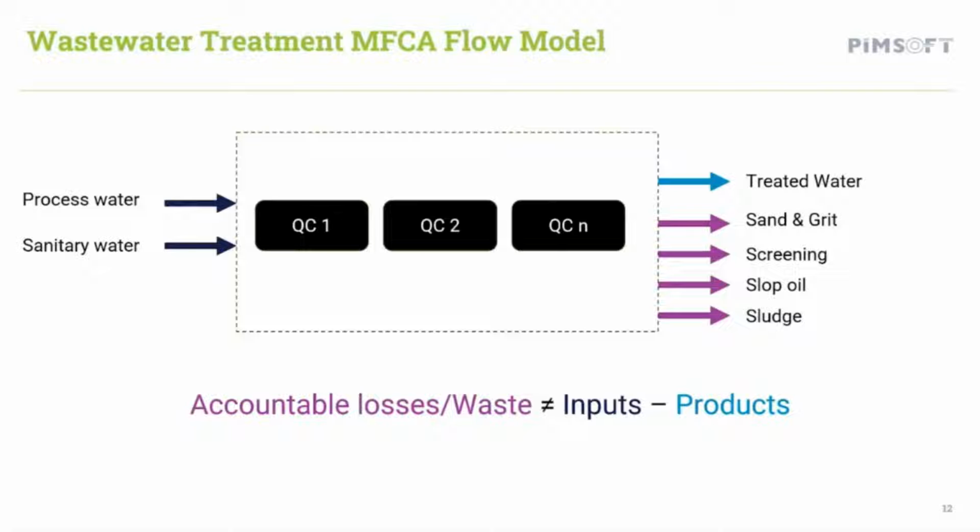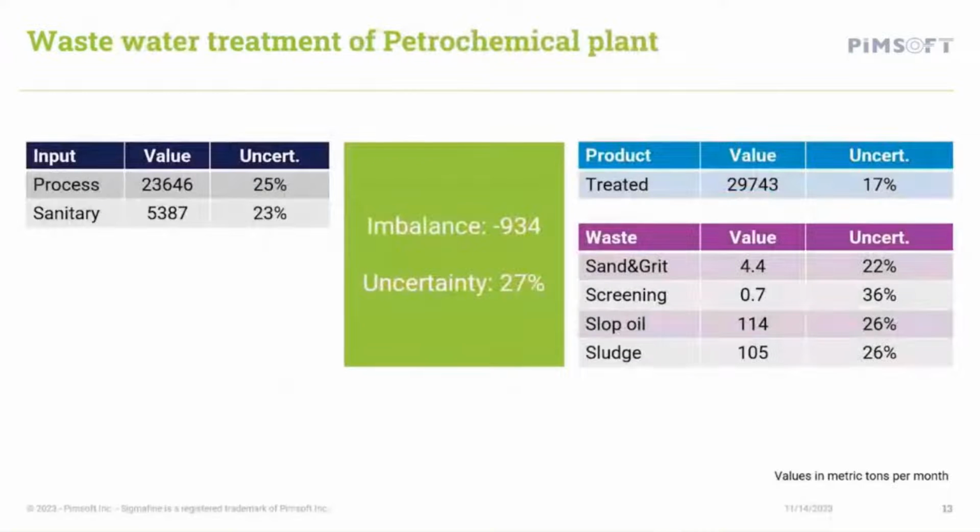Due to data inaccuracy, the material balance is typically not closed. Indeed, if we look at the balance around the full facility and at the raw data, we see that there is quite a bit of imbalance, as well as a high level of uncertainty around the data. Applying Sigma Fine balance is valuable not only to close the balance, but moreover to reduce the high uncertainty in the numbers.